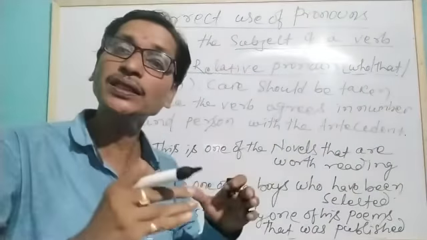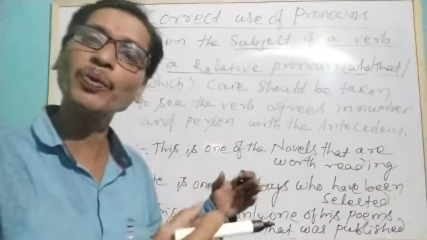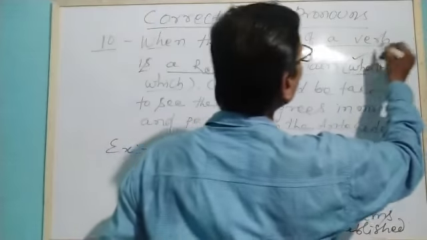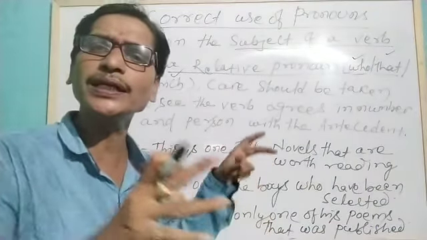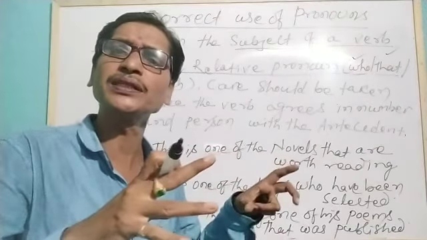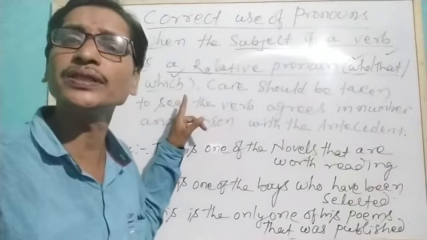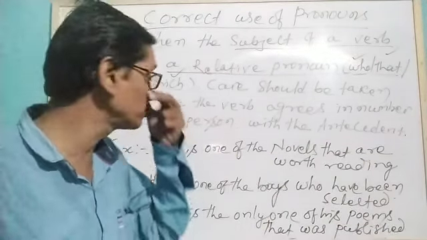When the subject of a verb is a relative pronoun, so relative pronoun means who, that and which. We know the relative pronouns are pronouns which create relations between two clauses and statements as well as functioning as a pronoun. So they are relative pronouns.